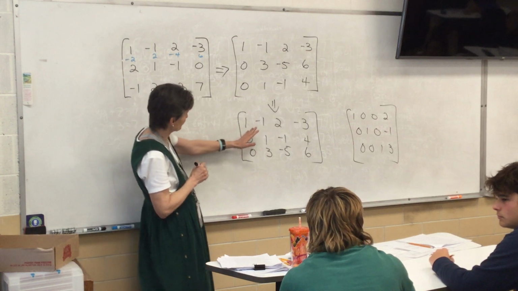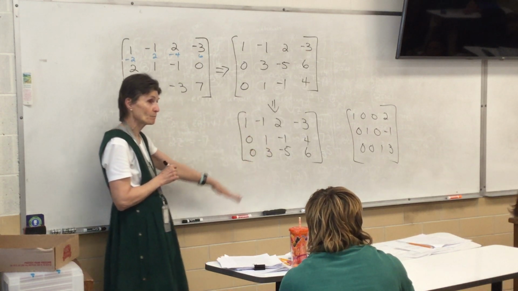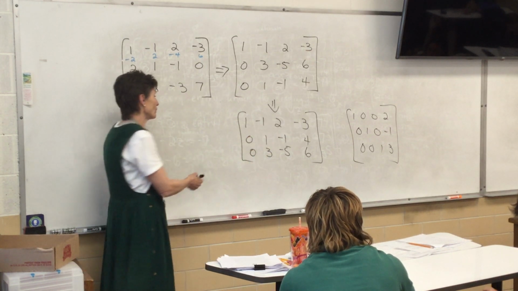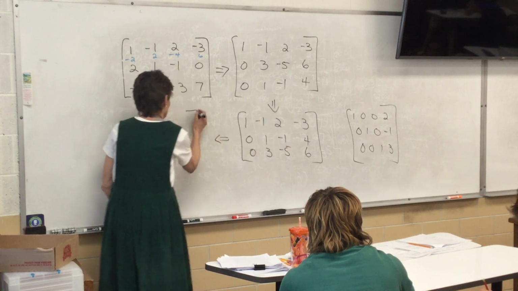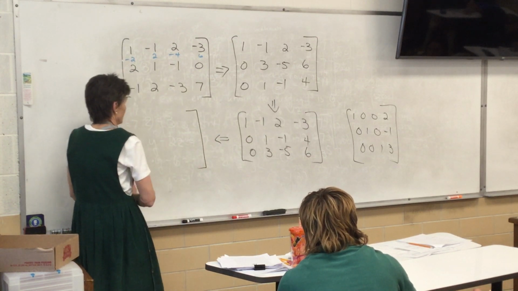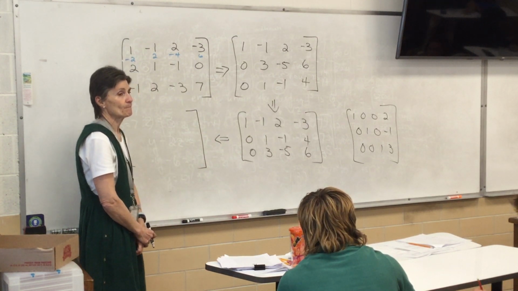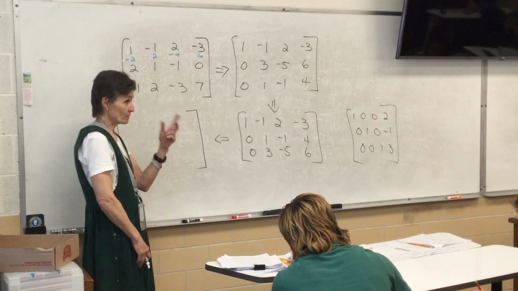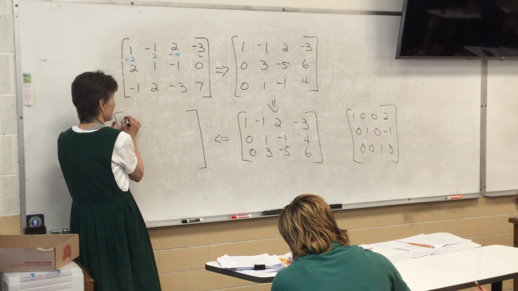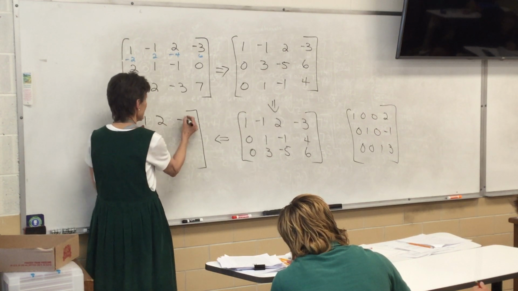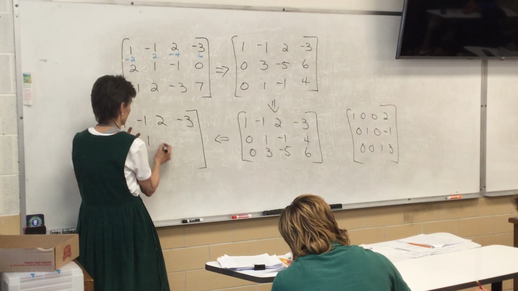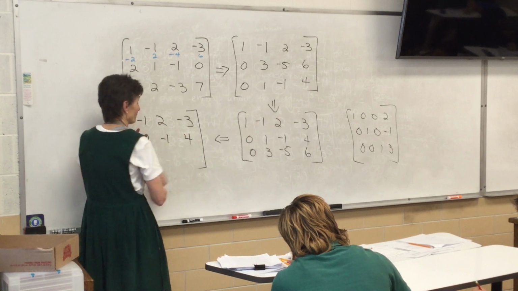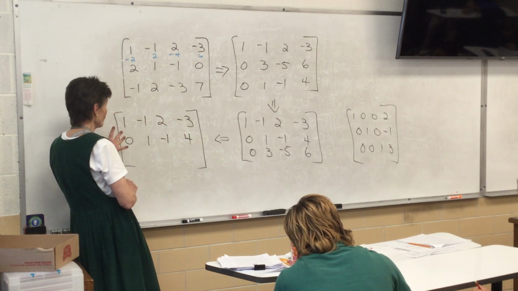Is everybody okay with what we did there? There's really only one more step. What happens now? So I'm gonna recopy the top 2 rows because they are fine. They're perfect.